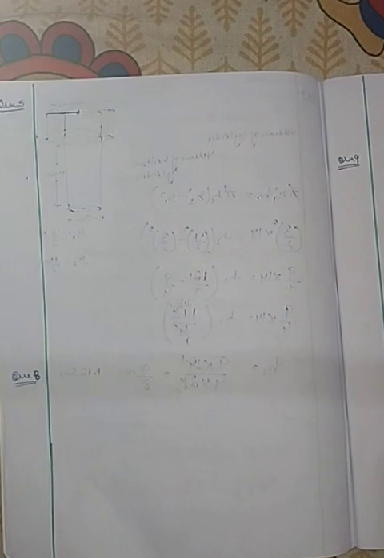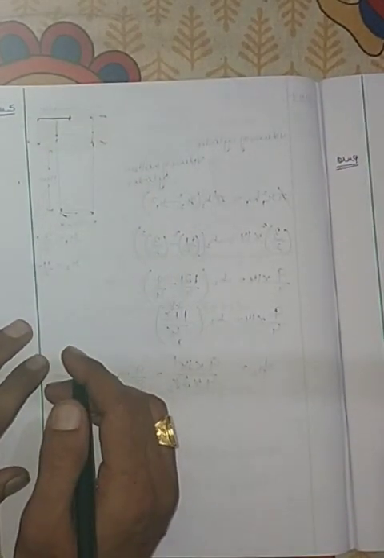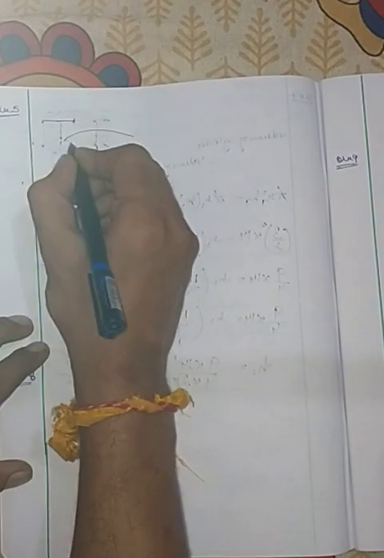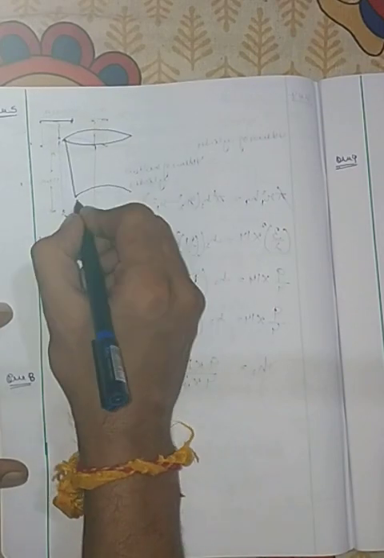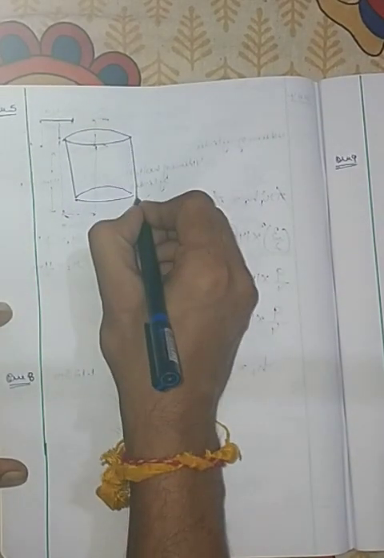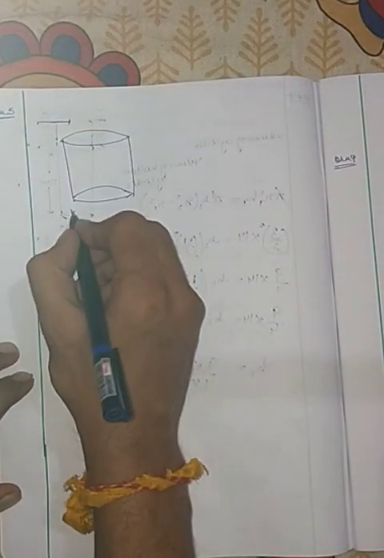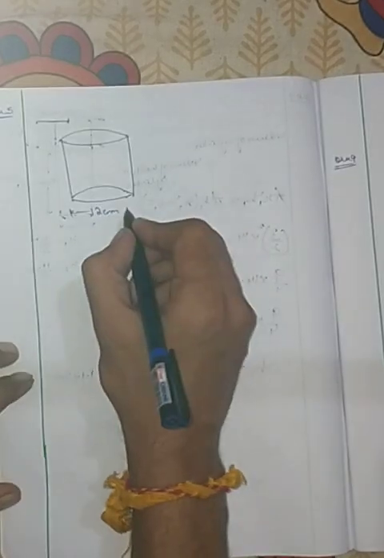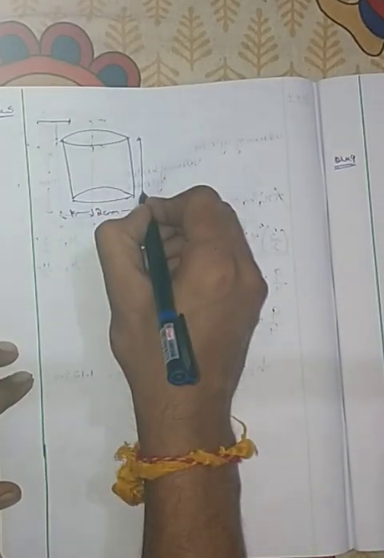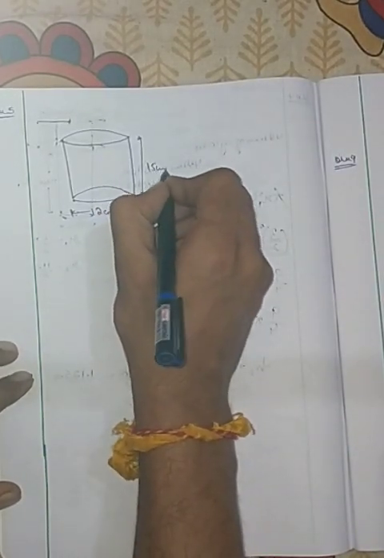Question number 5 says a container shaped like a right circular cylinder, which means a container is there in the shape of a right circular cylinder of diameter 12 centimeter and height 15 centimeter, is full of ice cream.